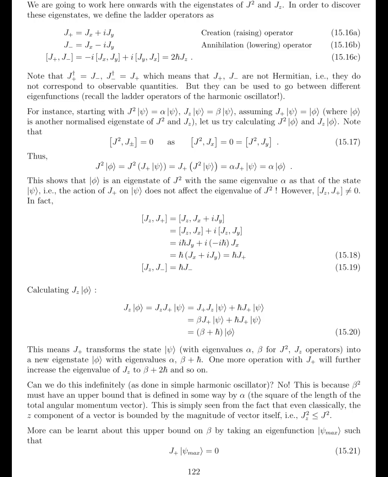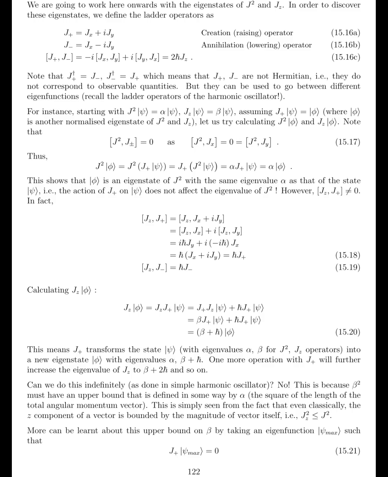The eigenvalue alpha, whatever it is, refuses to change under the action of these raising or lowering operators. But that's not true of Jz, and the reason is straightforward. Jz does not commute with J plus and J minus. J squared did, but Jz doesn't.